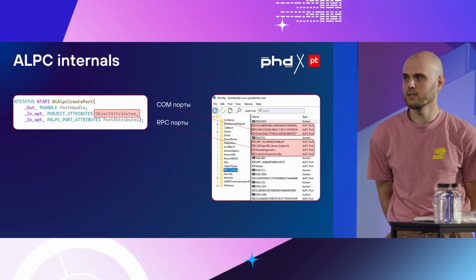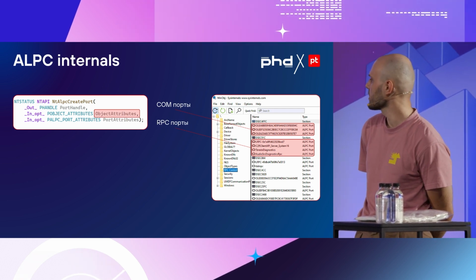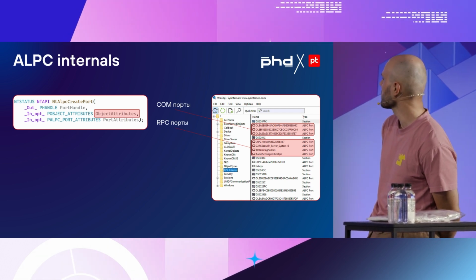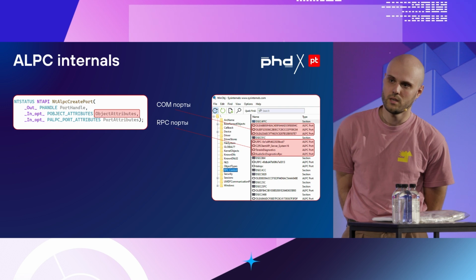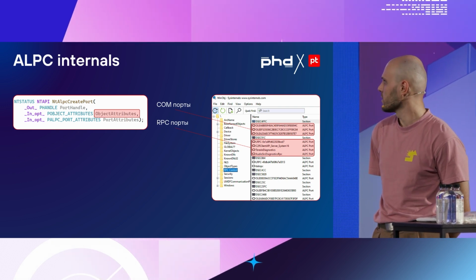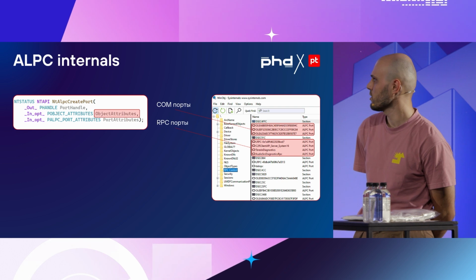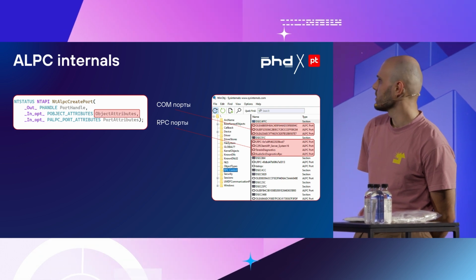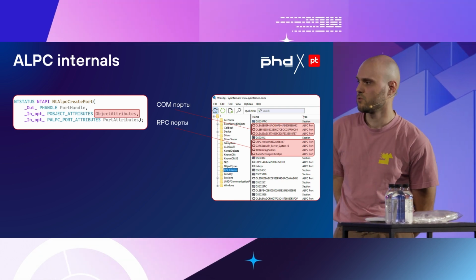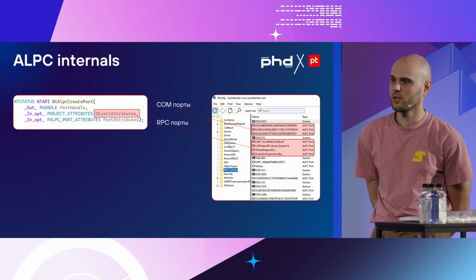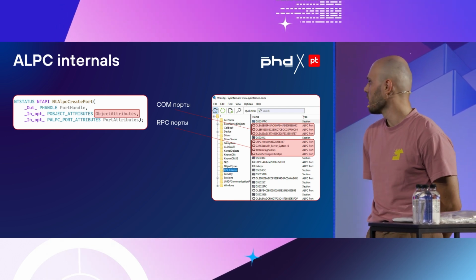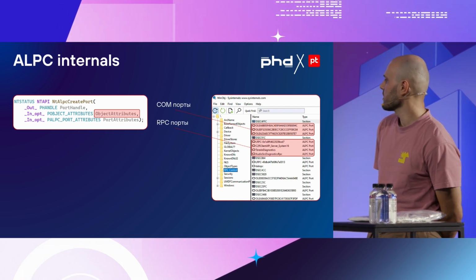An ALPC port is a kernel object that is stored in the RPC Control directory of objects, and it has a name. Not all ALPC ports are stored in this directory; ports that are not used for ALPC calls can be just stored in root.